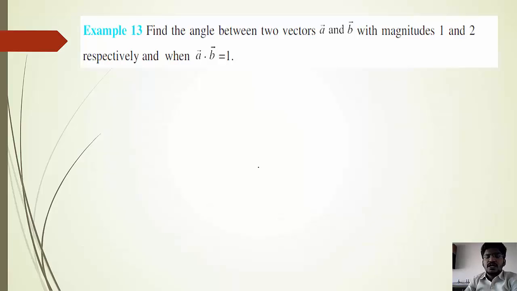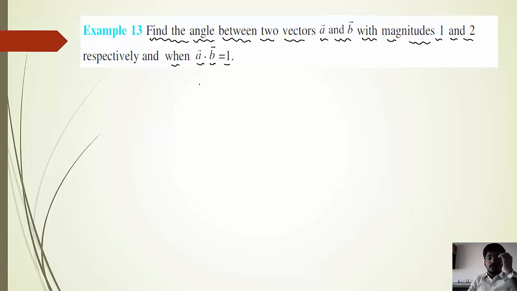Okay, so now let us go through the examples, solving the examples. Clear? So here what they are asking is to find the angle between two vectors, vector A and vector B, with magnitudes 1 and 2 respectively, when vector A dot vector B equal to 1. Clear, students? Okay, see here.